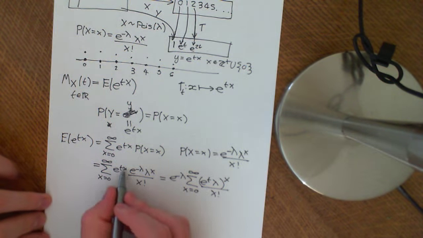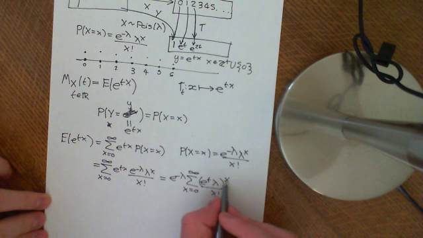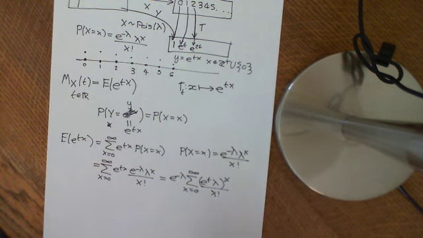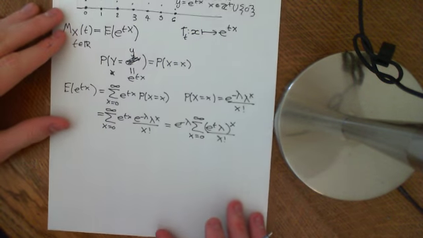The reason is that this e to the t is to the power of x and lambda is to the power of x. If we expand this out, this will go to e to the tx times lambda to the x, basically. So that's just basic rules of exponents.